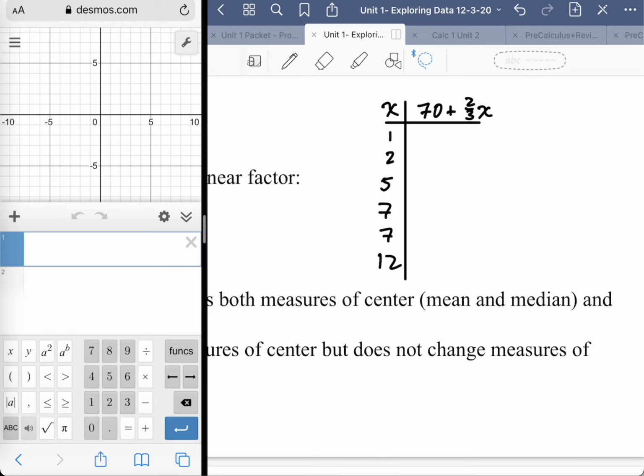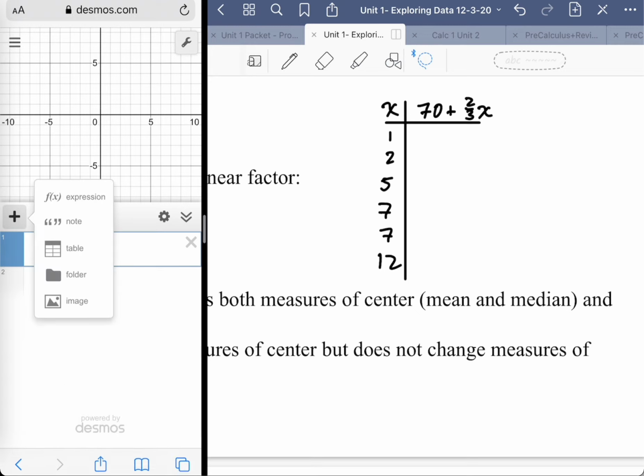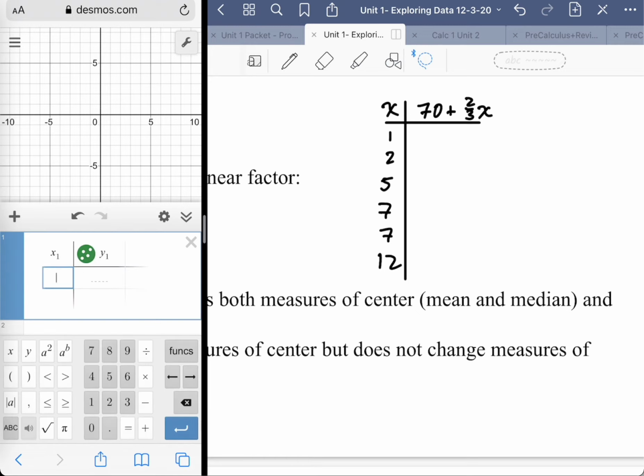But we want to use technology to our advantage, so I'm going to use Desmos. I'm going to pop in a table. I'm going to use x1 instead of x because Desmos understands x to be a variable, so it's going to treat it like a function. It gets confused if you just use x. So we use x sub 1.